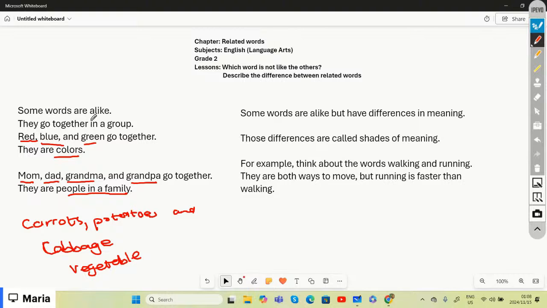So some words might be alike, but they have differences in meaning. There are many differences when it comes to this in meaning.